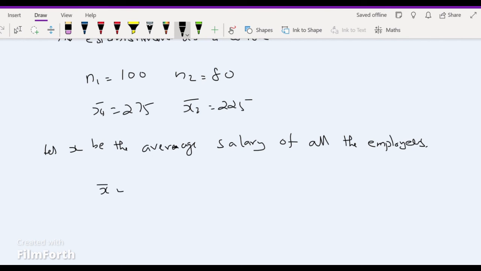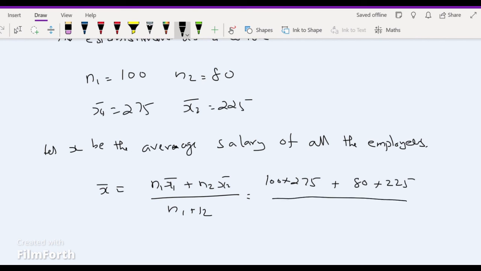X bar is equal to N1 X1 bar plus N2 X2 bar, the whole divided by N1 plus N2. That is equal to 100 into 275 plus 80 into 225, the whole divided by 100 plus 80.